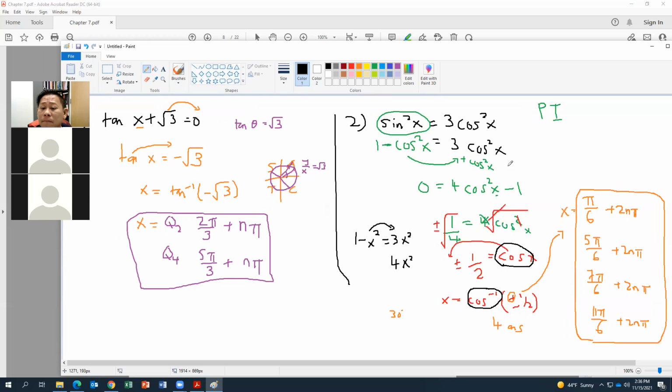Shouldn't it have become arc cosine then? No, I'm adding cosine x to both sides, so this is gone, and then I'm subtracting 1 here.